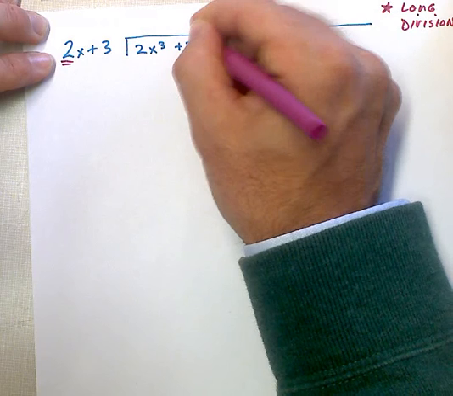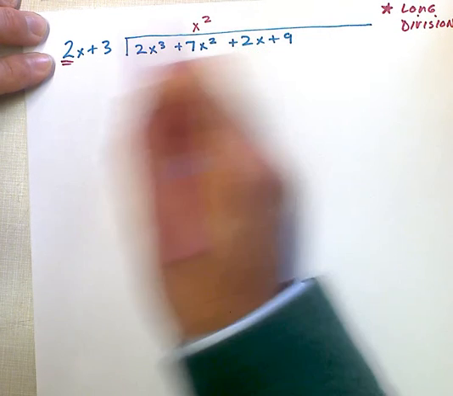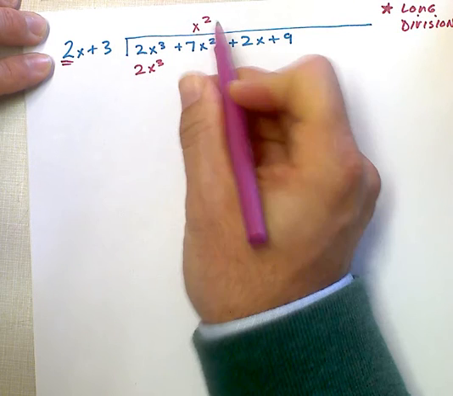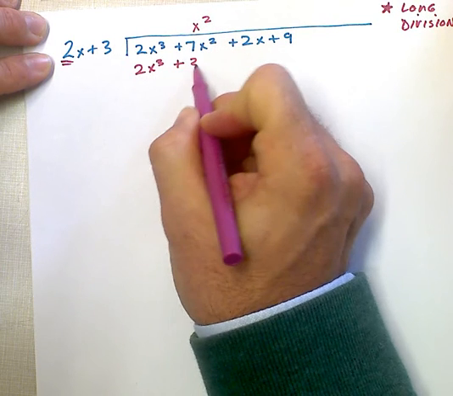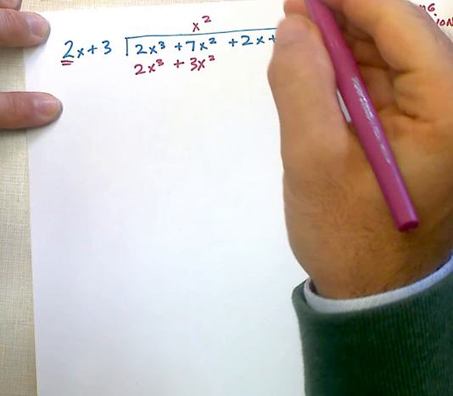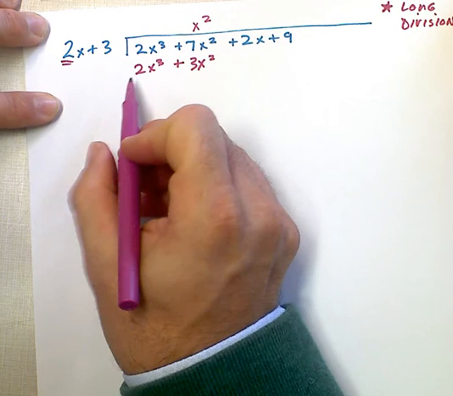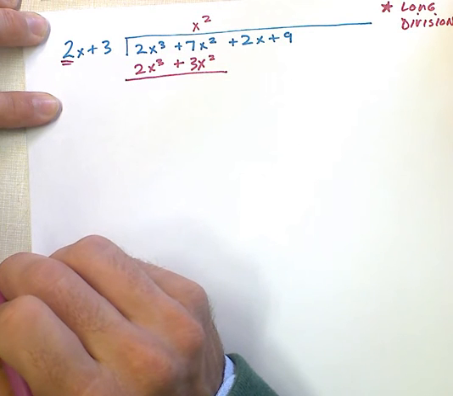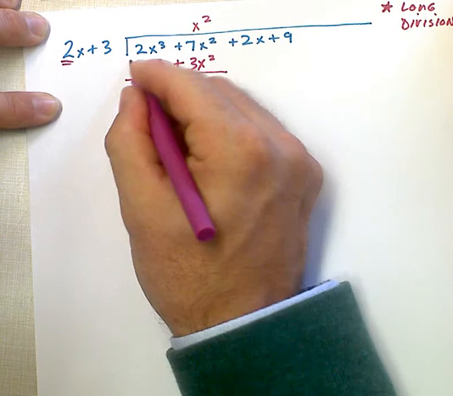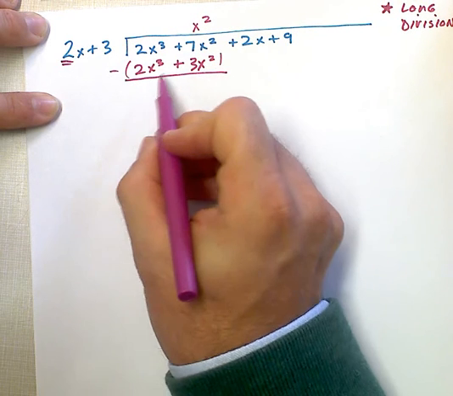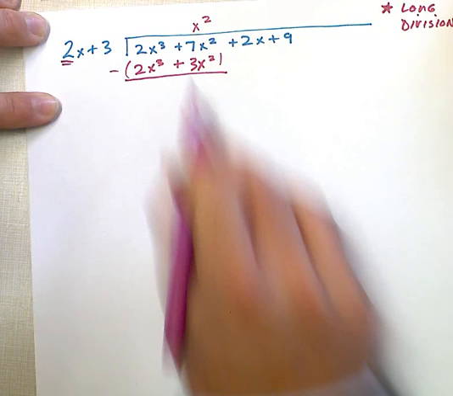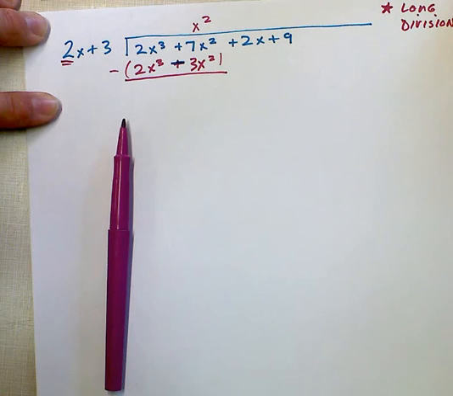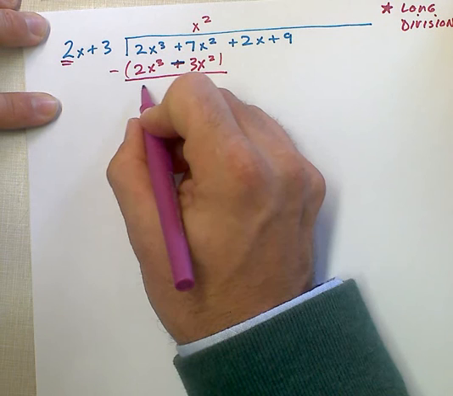X squared, I want to get rid of this 2x, so I'll multiply by x squared to get to 2x to the third plus 3x squared. And then if I'm subtracting, this is going to give me, cancel out.